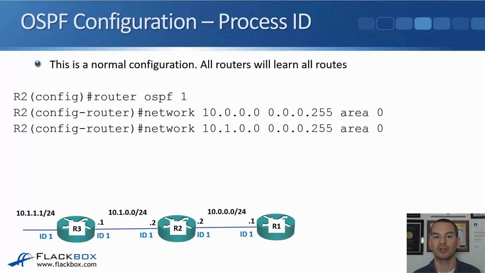On R2, we say router OSPF 1, and both networks are under process 1, and now R1 and R3 will learn routes to each other. Don't worry about the area statement on the end here yet. We're going to cover what areas are and how they work towards the end of this section.